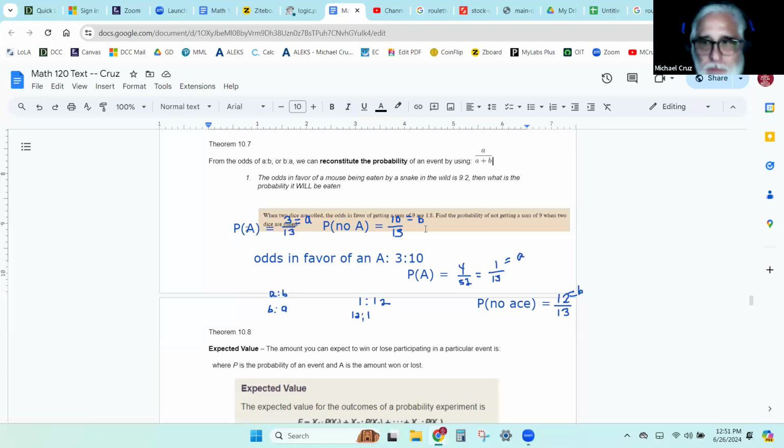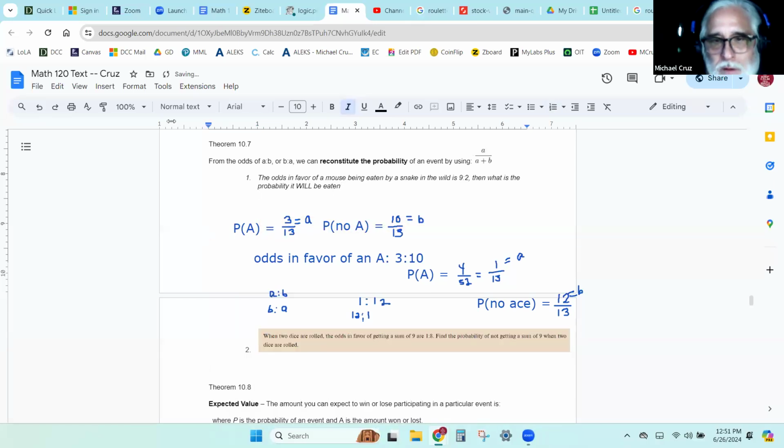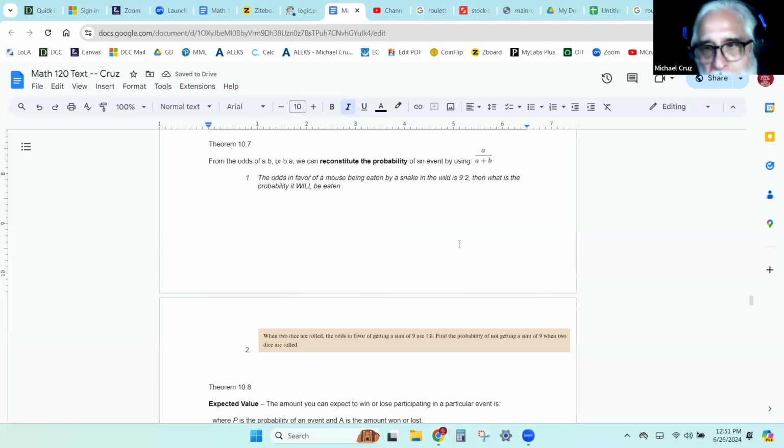Okay. So here's a problem that I've got here. The odds in favor of a mouse being eaten by a snake in the wild is 9 to 2. So that's odds in favor.